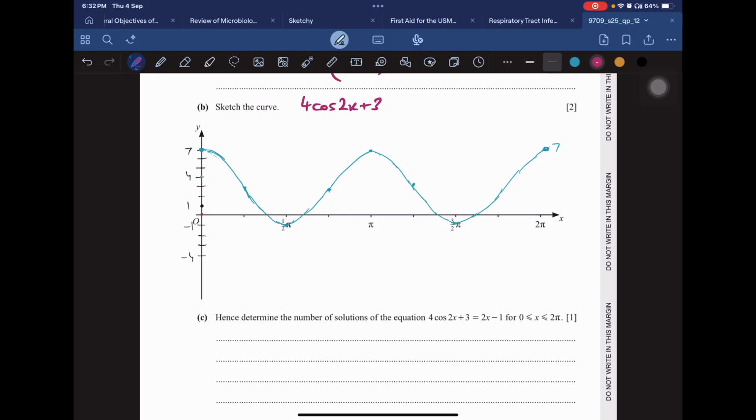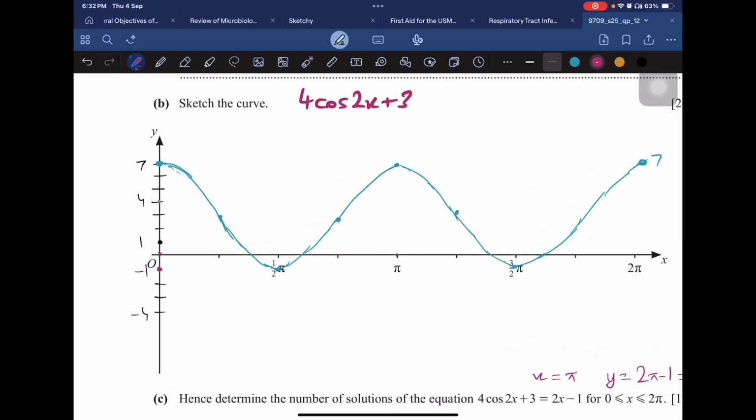So at 0, we'll have 2 times 0 minus 1, which will be just minus 1. And then for a second point, let's say when x equals pi. So at x equals pi, we'll have y equals 2 pi minus 1, which is 5.28.